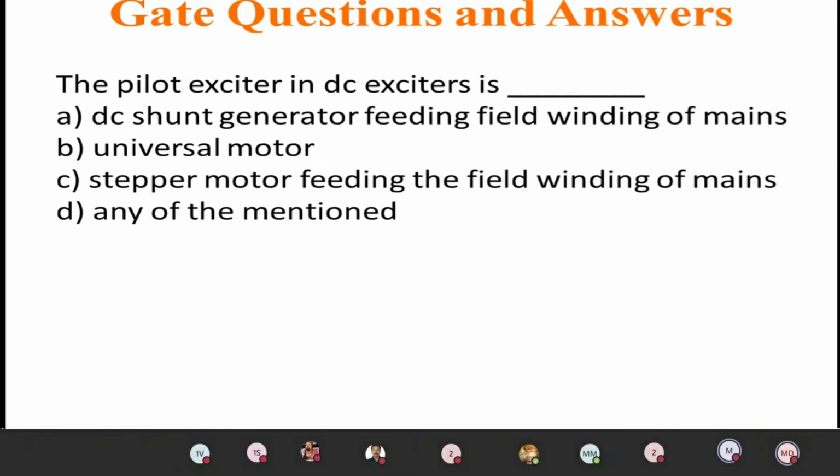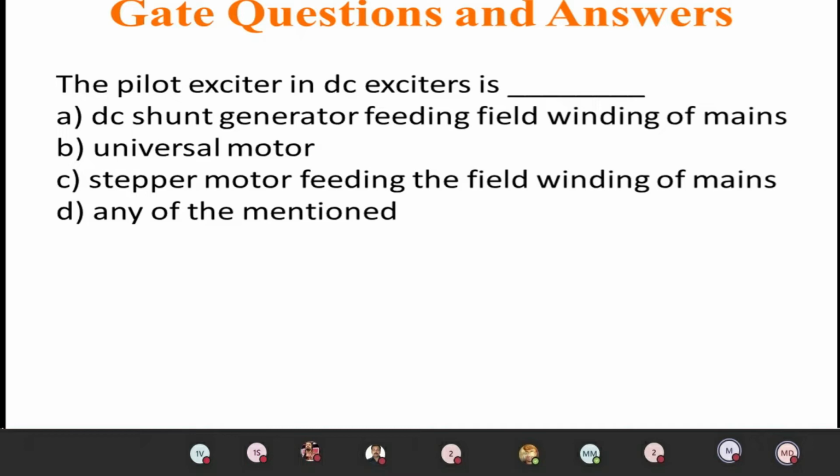So what is a pilot exciter? It is a small DC shunt generator connected along with the main generator shaft. It absorbs the mechanical energy from the shaft and produces the DC supply. That DC supply is fed back to the main generator field winding, so we do not depend upon other devices.